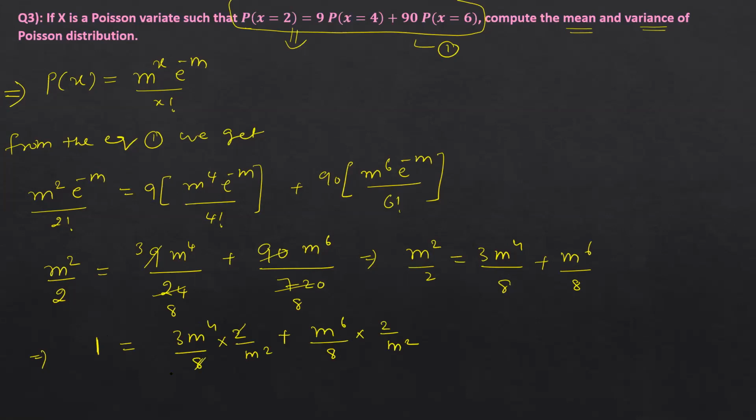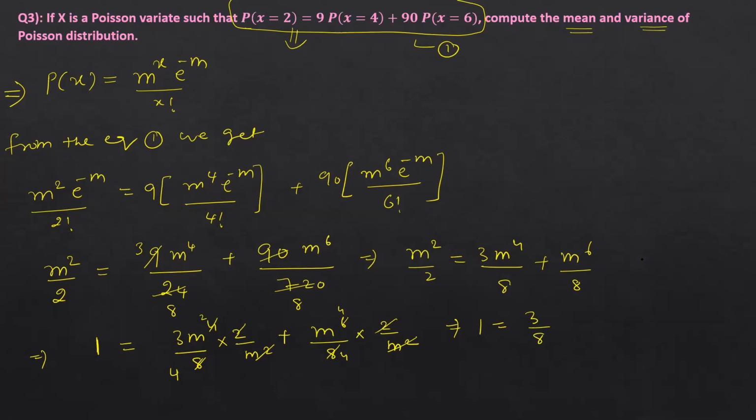So this will cancel out 4 times and this also will cancel 2 times. M square gets cancelled, and this will become 4 times. So the term which I'll get here is 1 is equal to how much? 3 by 8.